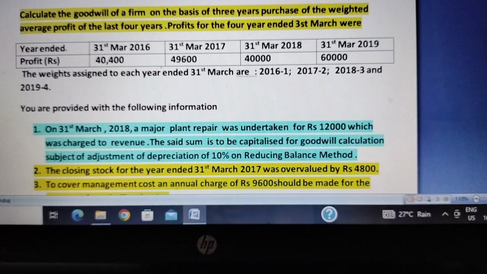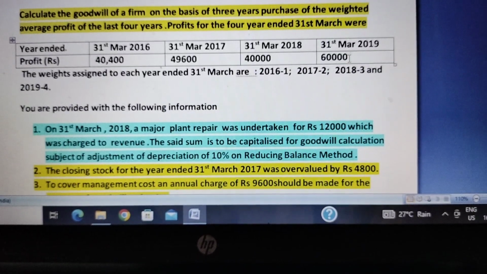Calculate the goodwill of a firm on the basis of 3 years' purchase of the weighted average profit of the last 4 years. Profit for the 4 years ended 31st March were: 31st March 2016, 40,400; 31st March 2017, 49,600; 31st March 2018, 40,000; and 31st March 2019, 60,000.